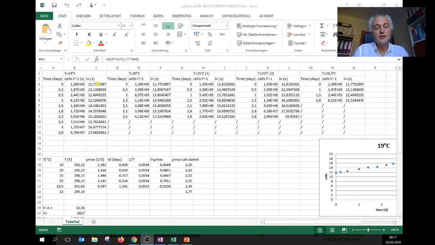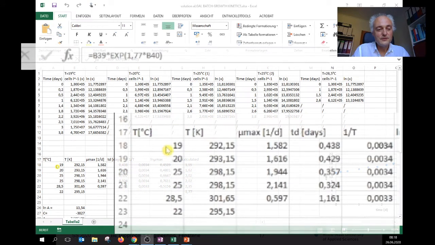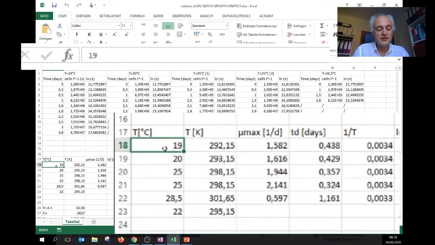Based on this plot, t versus ln x, the slope, as you remember, is the specific growth rate. So this is what I did here. Here I have my temperature in degrees Celsius, here my temperature in Kelvin, and this is then the mu max, which is simply calculated with a formula.